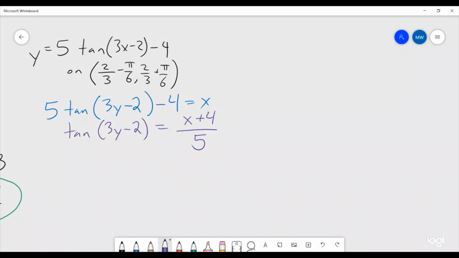And now we need to get rid of our tangent. So let's just use the inverse tangent. And now we just have to take care that this is going to be using the correct interval. And in this case, it turns out that it is.